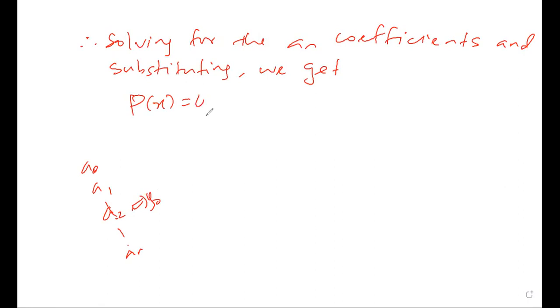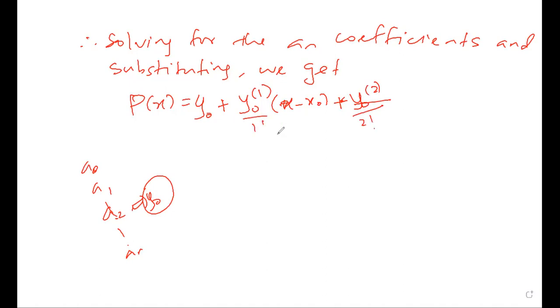So a0 is equal to y0. a1 is equal to y0 1 times x minus x0, plus, for a2, you have y0 2 divided by 2 factorial, times x minus x0 to the power 2, and so on, up to y0 n divided by n factorial, x minus x0 to the power of n, because an is equal to y0 n over n factorial.